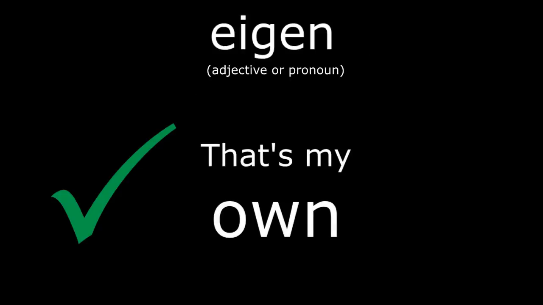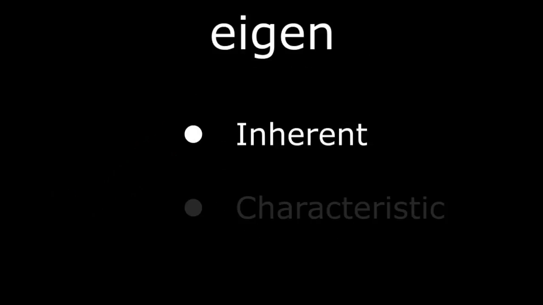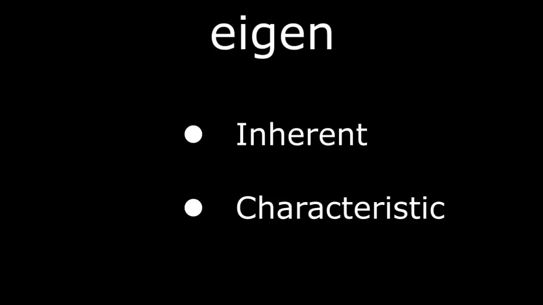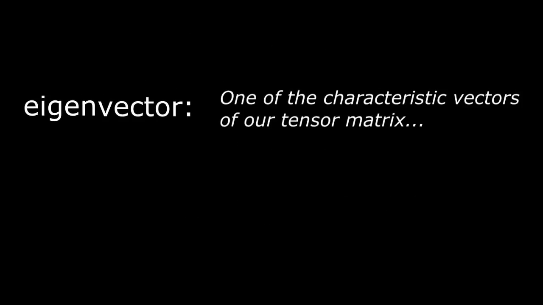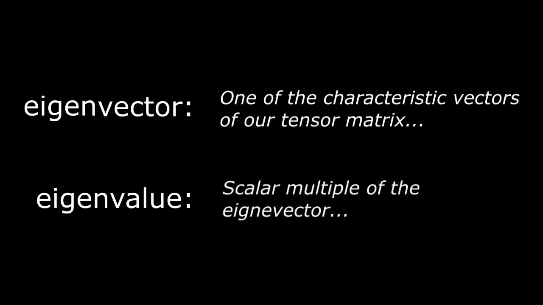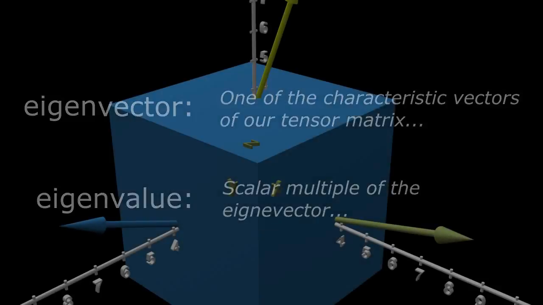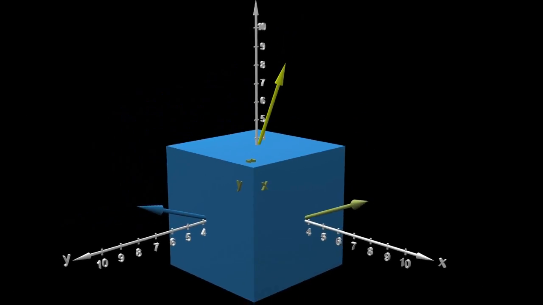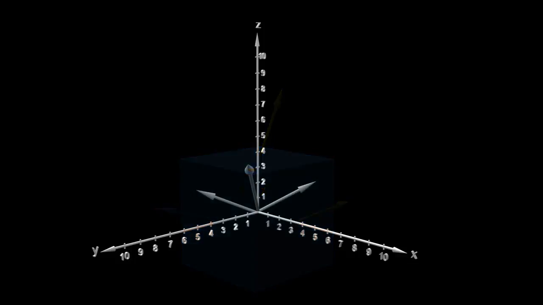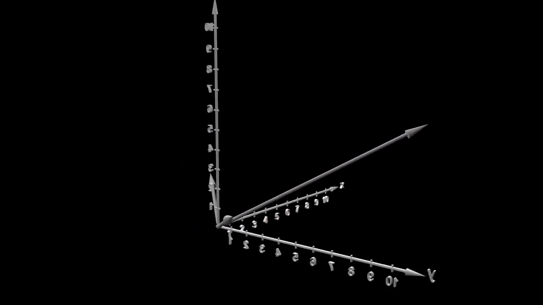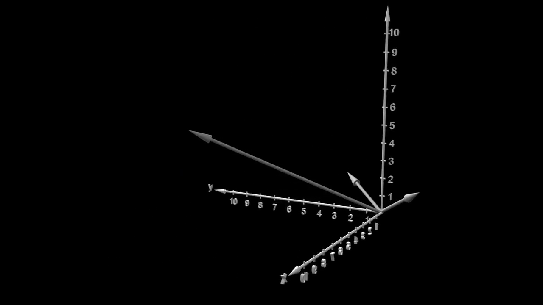It can also be loosely translated as inherent or characteristic. Thus, the eigenvector is one of the characteristic vectors of our tensor matrix, and the eigenvalue is the scalar multiple of the eigenvector. Determining the eigenvalues and eigenvectors is the mathematical equivalent of collapsing our second-order tensor to the characteristic vectors of the original Cartesian coordinate system.